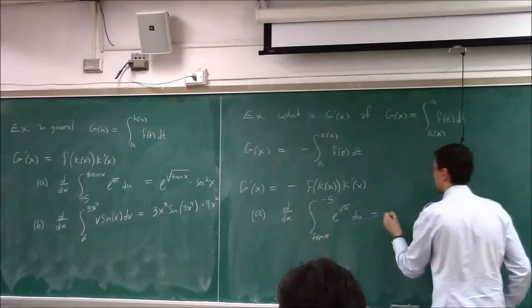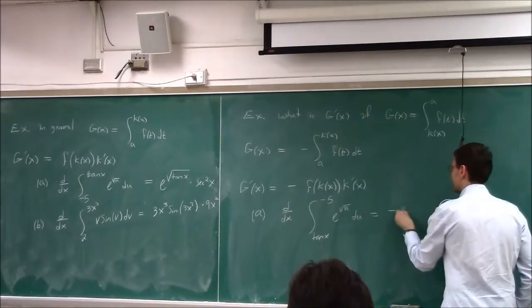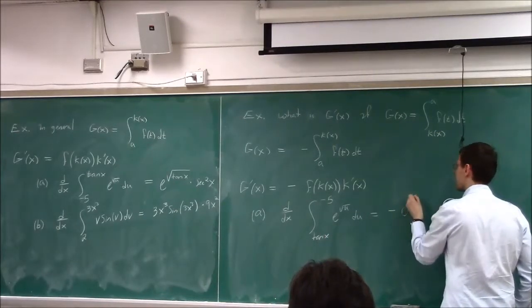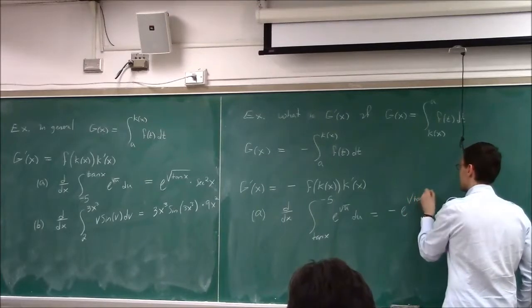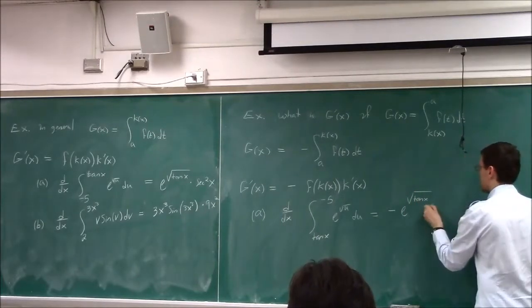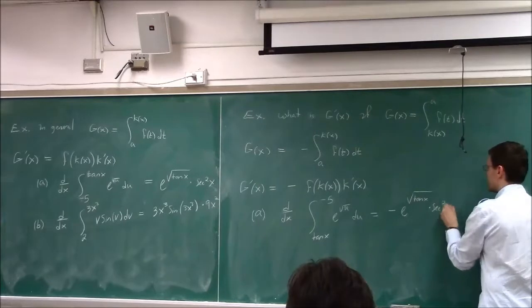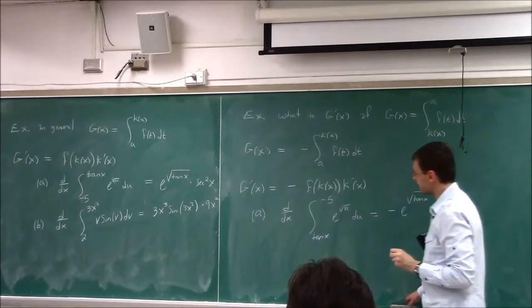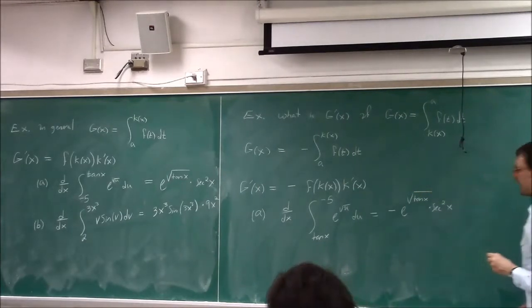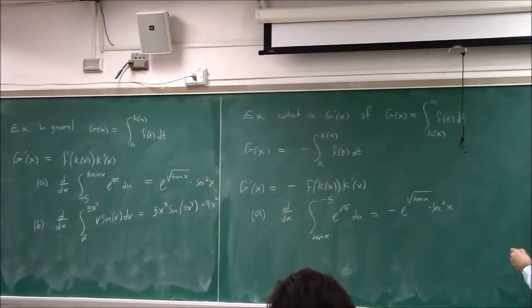The derivative of that is simply minus e to the root tangent x times secant squared x. Okay? That's how it works. So make sure you practice. There will be examples like this on the exam.